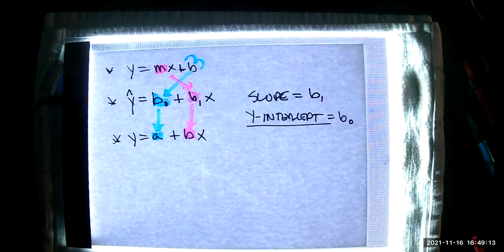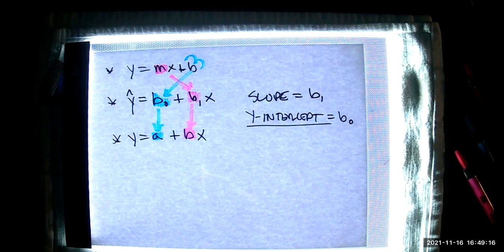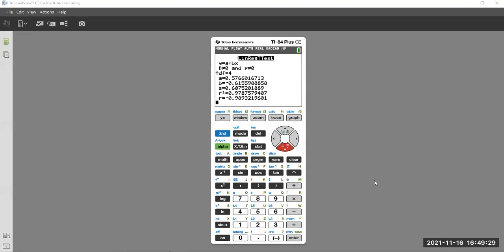Now, the really cool thing about this, let me jump back to my calculator one last time. When I did that linear regression t-test, at the top I have y equals a plus bx. Down below here, I have a and I have b.